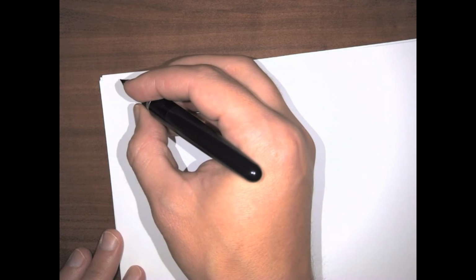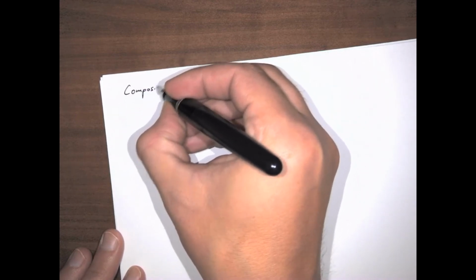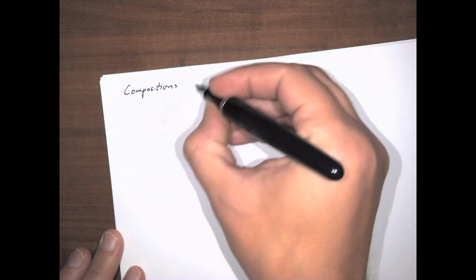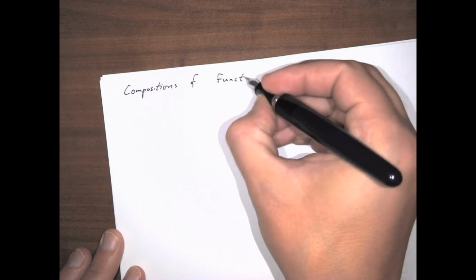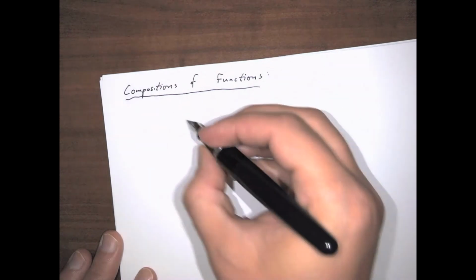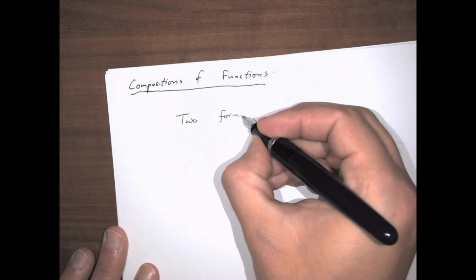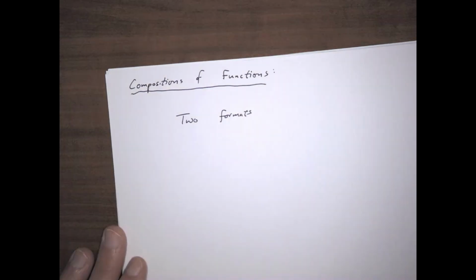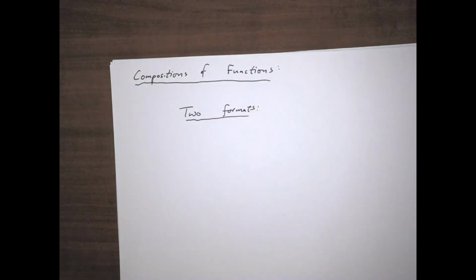Now, let's think about compositions. Compositions of functions. So there are, again, two main formats. Now here, what's going to be a little bit different compared with what we were doing in the last section is that the two functions on the inside and the outside won't necessarily be inverses of each other.